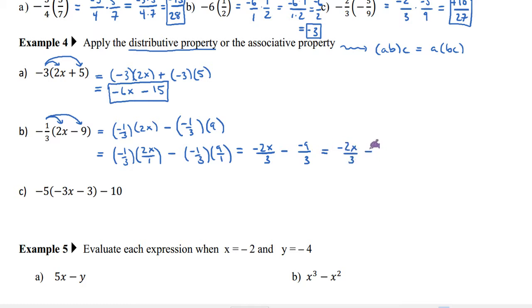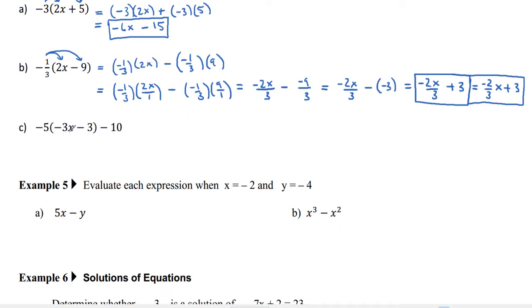And then minus 9 over 3 becomes minus 3, and this minus minus is actually going to make it a plus now. So you could think of this as minus 2x over 3 plus 3. Or you could read this as negative 2/3 x plus 3. That's another way to write it, and it's still the same. You could write it like that too. That's still acceptable.